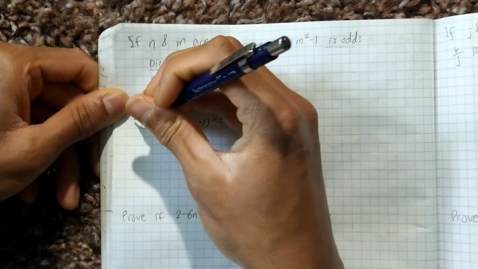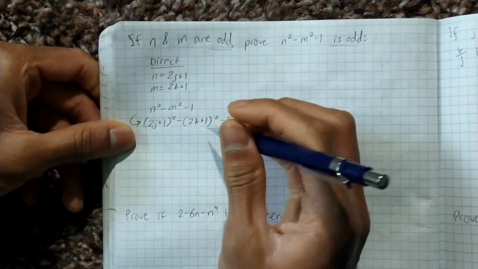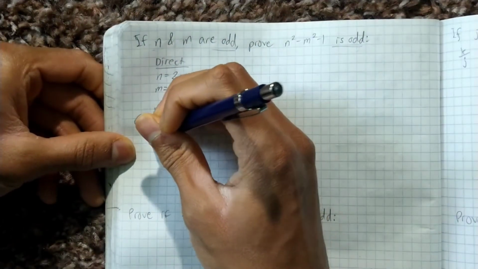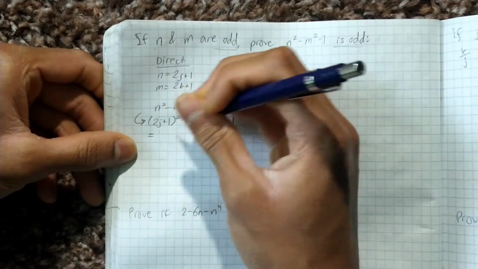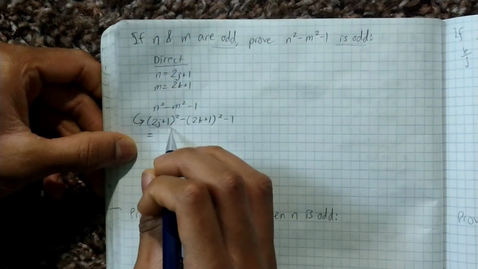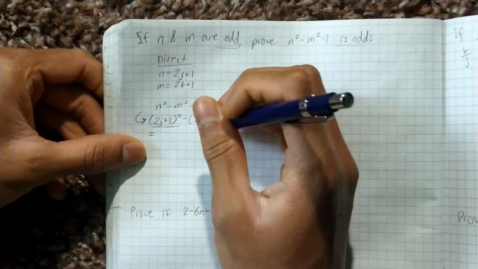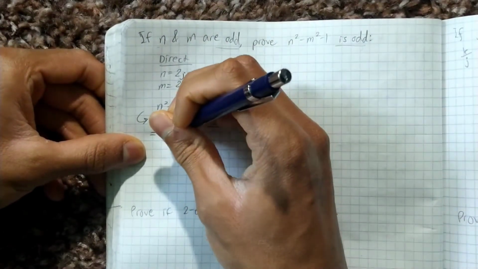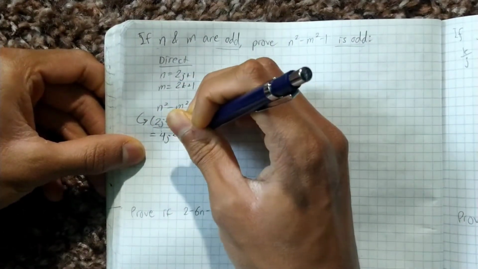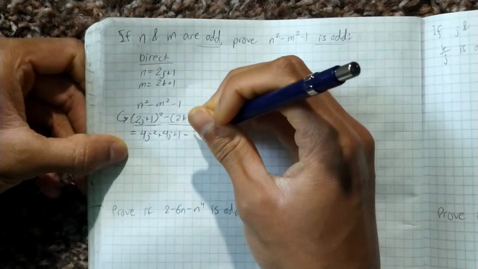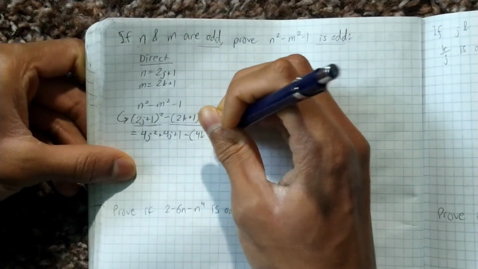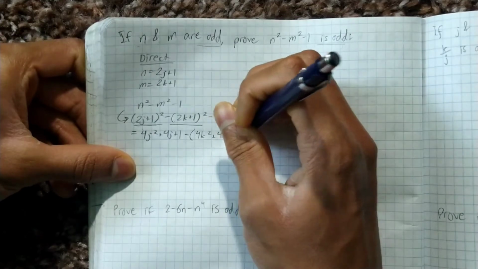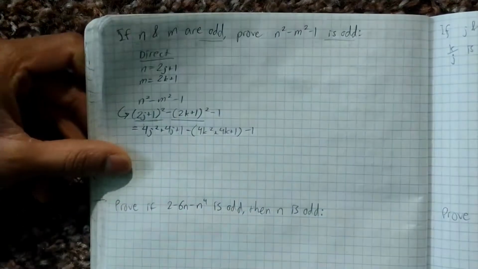Now we want to write out the terms, so let's do the multiplication: 4j squared plus 4j plus 1 minus (4k squared plus 4k plus 1) minus 1.